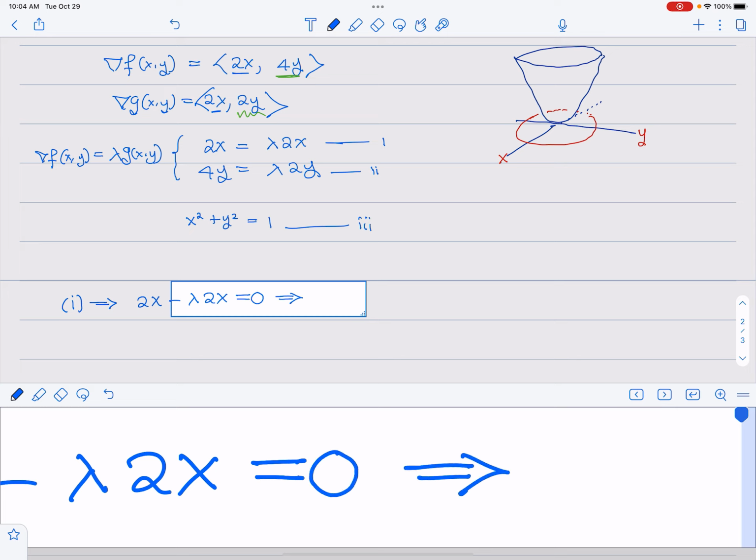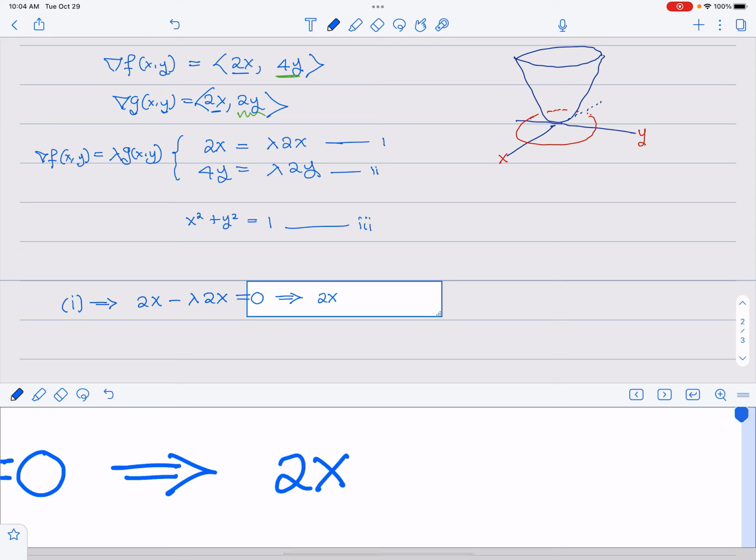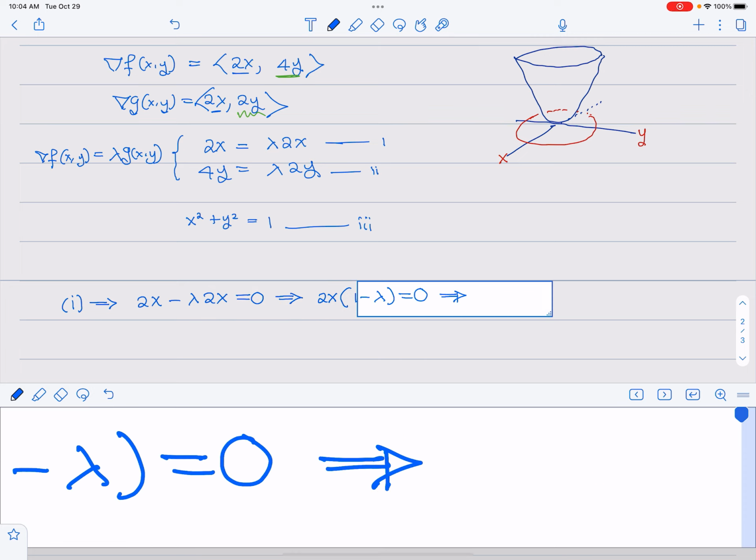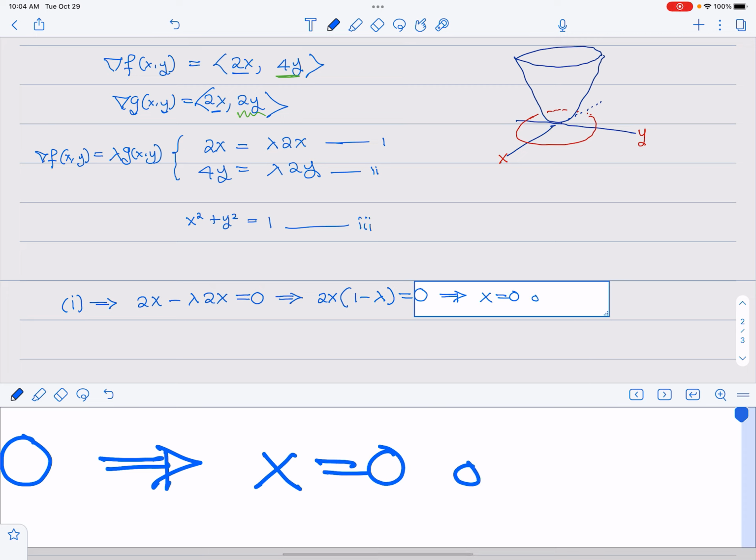And if you factor out the 2x, you're left with 1 minus lambda is equal to 0. And this means that x is equal to 0 or lambda is equal to 1.